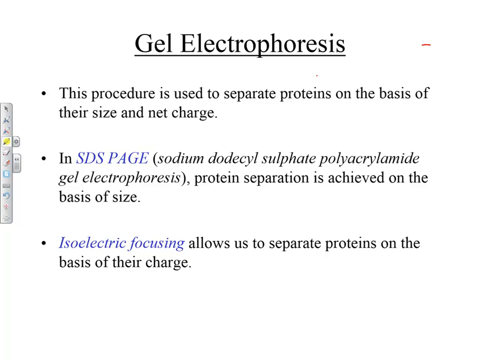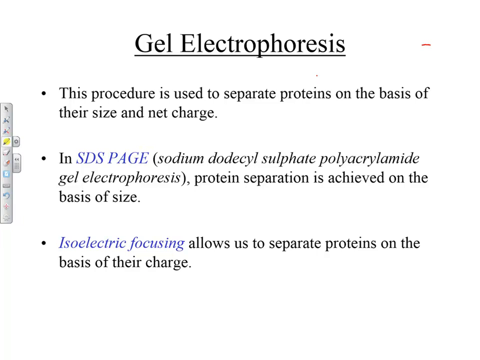So in the case of sodium dodecyl sulfate polyacrylamide gel electrophoresis, protein separation is achieved on the basis of size because you mix the protein with SDS, which is negatively charged. So under an electric field it is going to move, but the amount by which it will move will depend on the size of that particular protein. If the protein is smaller in size, it has a smaller molecular weight, it will migrate more. If it is larger, it will migrate less. So you can separate proteins on the basis of size.